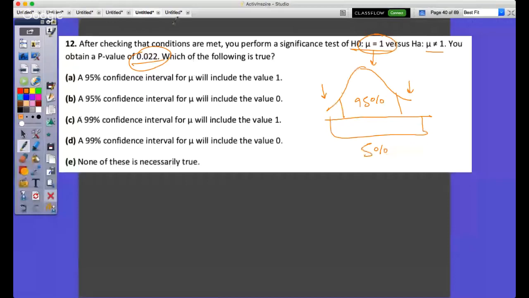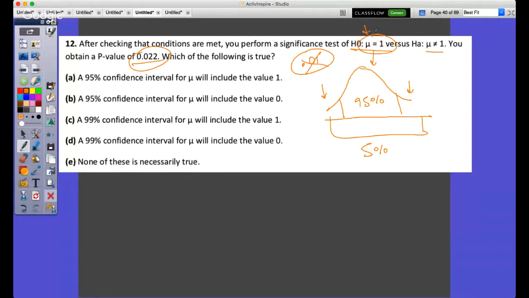Significance test. And the p-value would be 0.022, meaning that it would not be statistically significant at a 0.01 level, right? So that means that a 99% confidence interval would actually include 1.